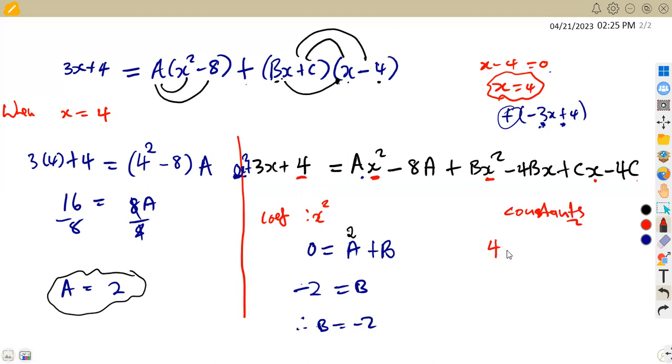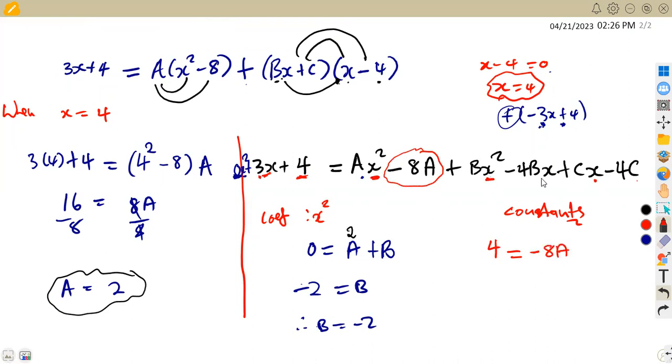So 4 is equal to, on the right-hand side, the terms where we do not have x. If it is 3x, the 3 is the coefficient of x, but this one is a constant number, a normal number. So we refer to terms where we do not have x. In this case, we do not have x on a, so we have this equal to minus 8a.